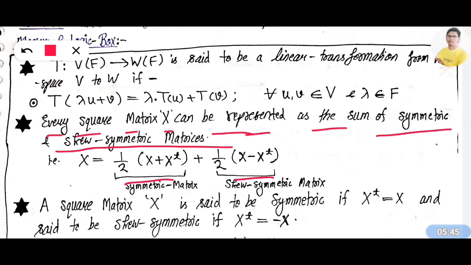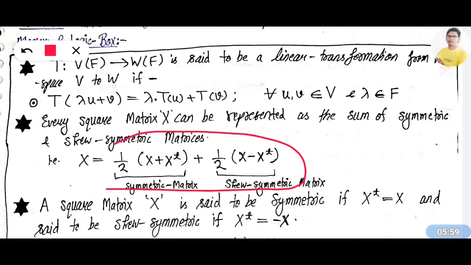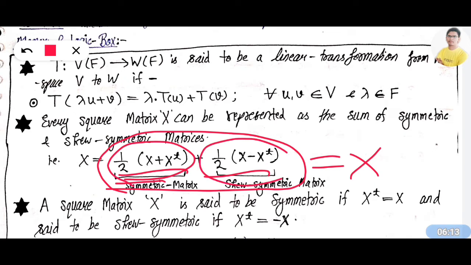You have already used this formula: 1 by 2 (X plus X transpose) is your symmetric part, and 1 by 2 (X minus X transpose) is your skew symmetric part, and whenever you add these two parts you get simply X. So we have split X into two parts: this is the symmetric part and this is the skew symmetric part.